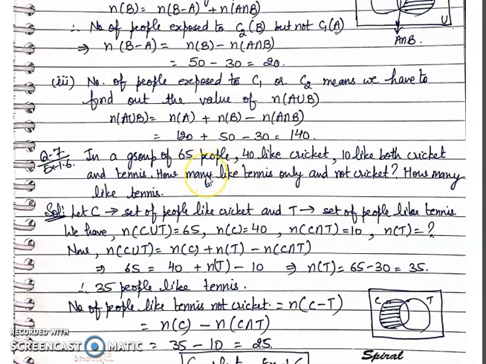Now the first part is how many like tennis but not cricket. Come to the Venn diagram.